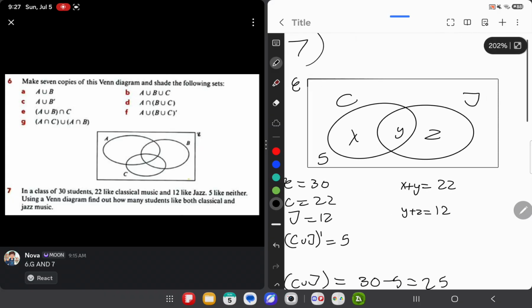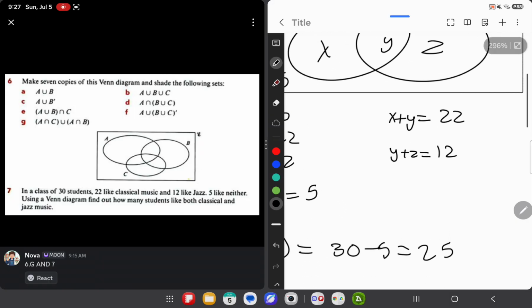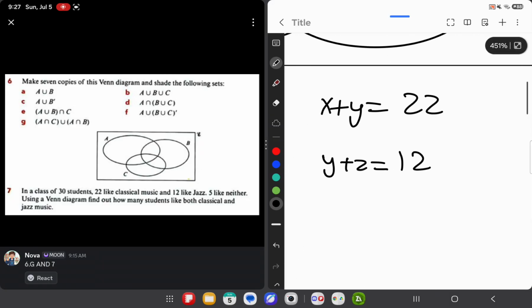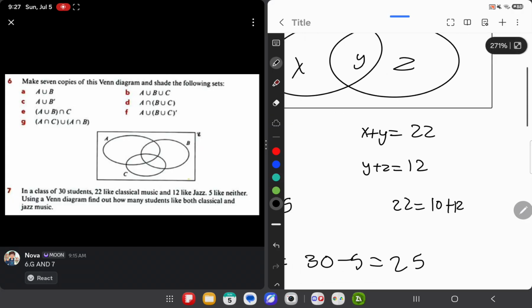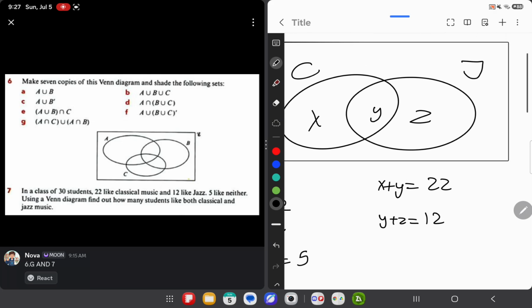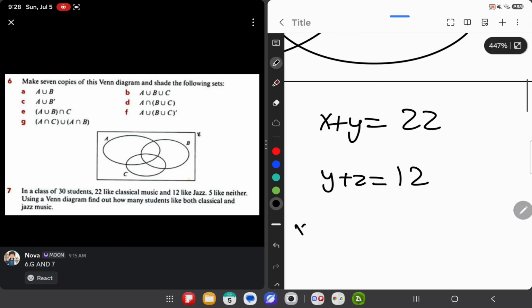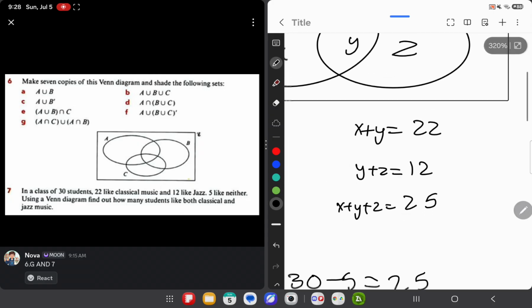Nice. What is 22? 22 is equal to 10 plus 12. Okay, this is a very bad analogy. And we have the setup x plus y plus z is equal to 25.